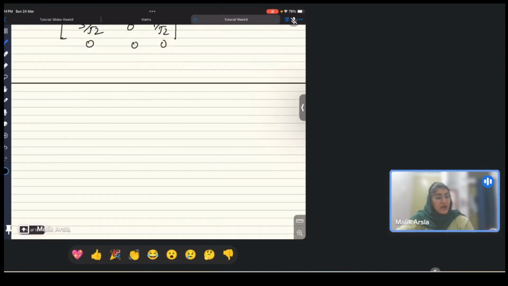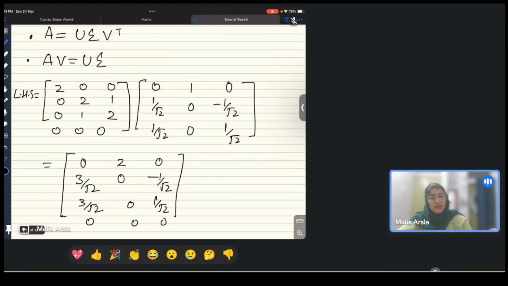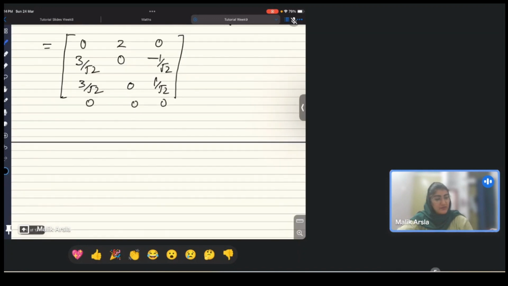Now we will form some equations on RHS and then we will compare it with these and find the U matrix. Now U into sigma, taking RHS. This is a very lengthy question, but we have no other choice. You have to do it like this only.